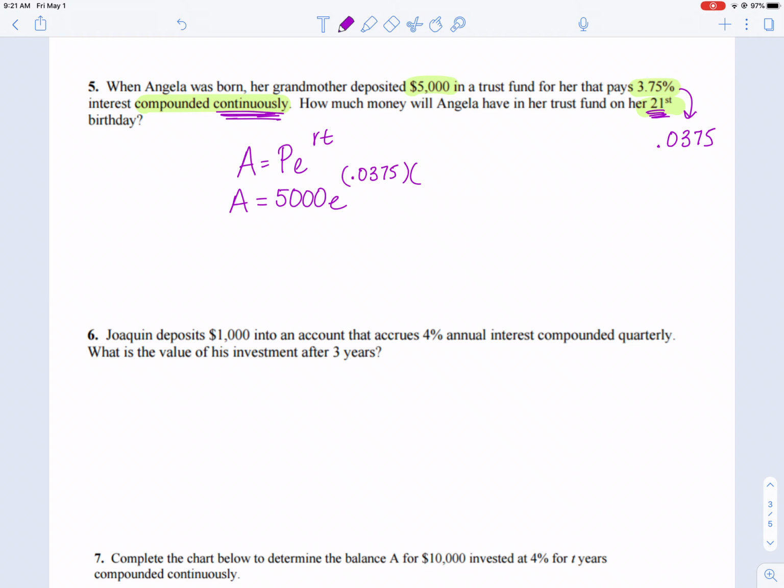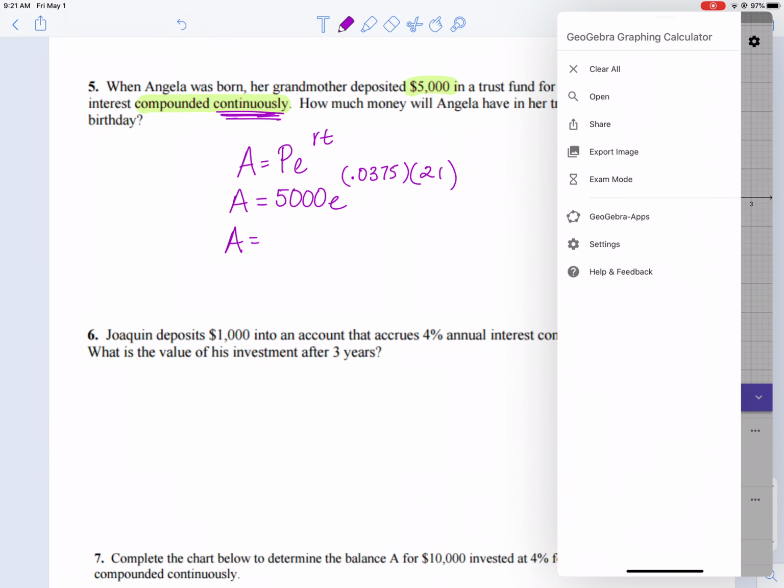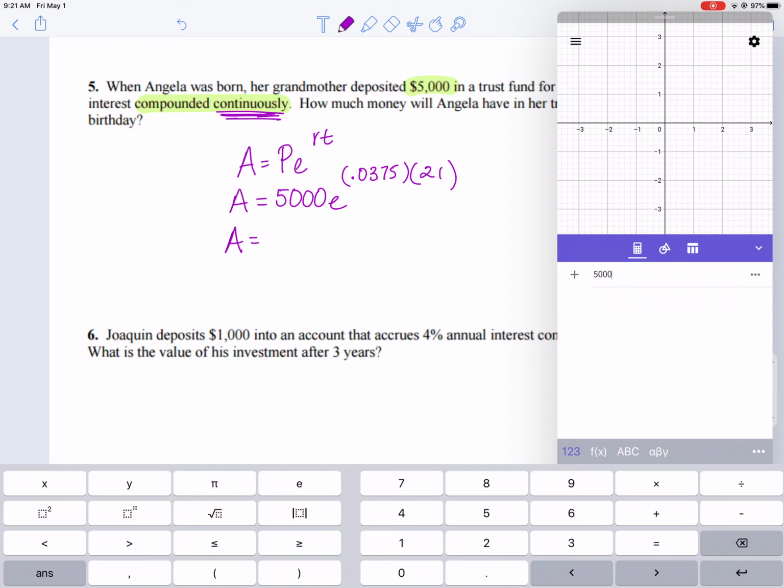When she was born to her 21st birthday, we're going to say 21 years. So we're going to go into our calculator, let's clear this to make it easier, 5,000 base of e raised to the 0.0375, that is the most important thing, times 21.